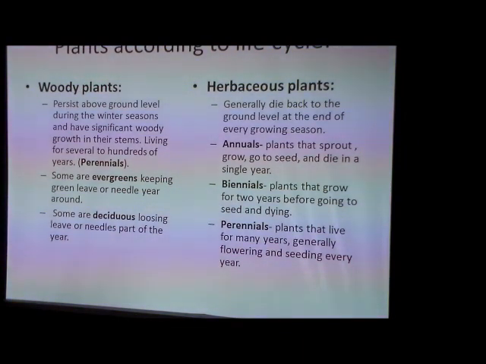Sometimes they seed the first and second year, and then they die off. And they expect their seeds to continue their species. Perennials will live for many generations, and they will seed every year, or not always. Sometimes they don't seed every year, but they don't have to.